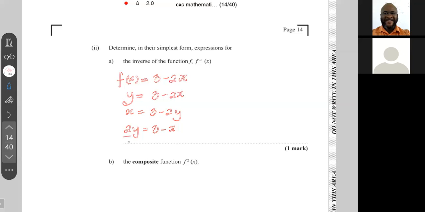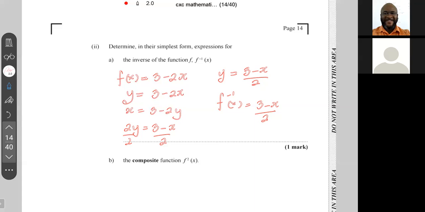Then if I divide both sides by 2, I'm going to get that y is equal to 3 minus x over 2. Step 4, take out y and say f inverse of x is equal to 3 minus x over 2. Guys, for 1 mark, I think the examiner is cruel. He should have at least given you about 3 marks for this, but he only gave 1.